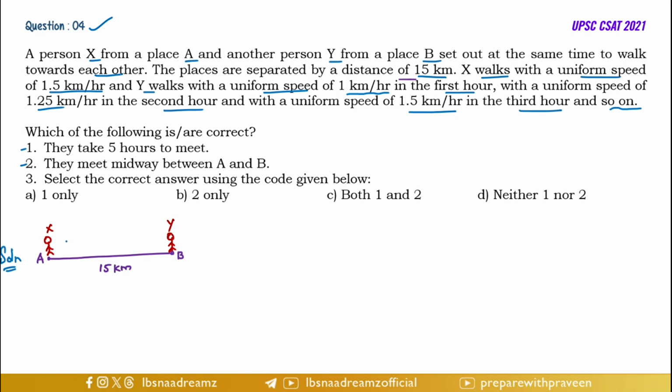So they are walking towards each other. So the distance between A and B is equal to 15 kilometer.